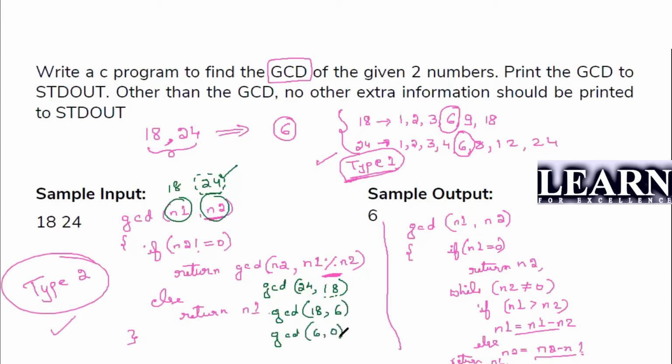The remainder is 0. So when you get N2 equals 0, you will return N1, that is nothing but 6. The GCD of that number will be equal to 6. Is it clear? In the same way, if you get any number which is greater than the other, it will swap those things in the function itself.